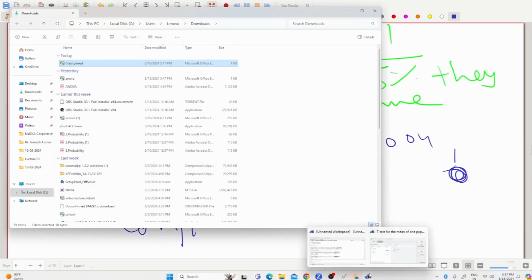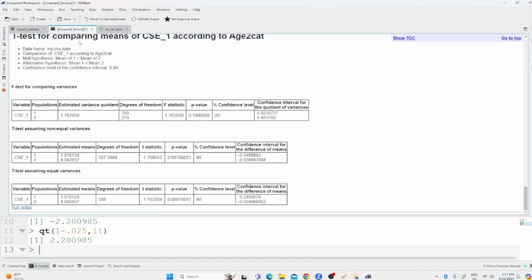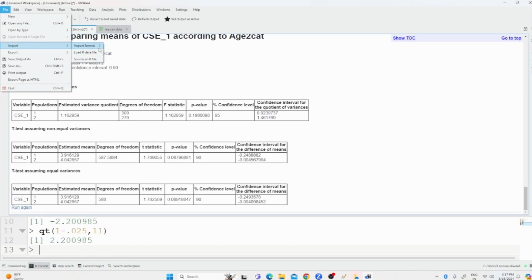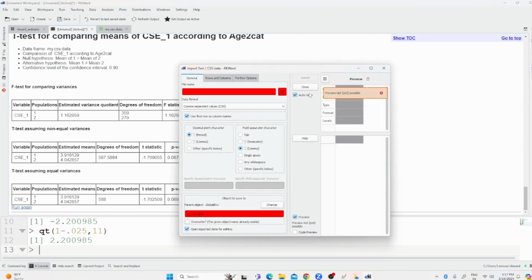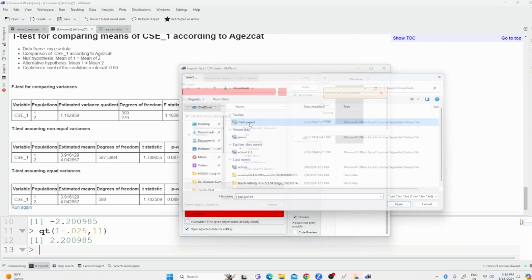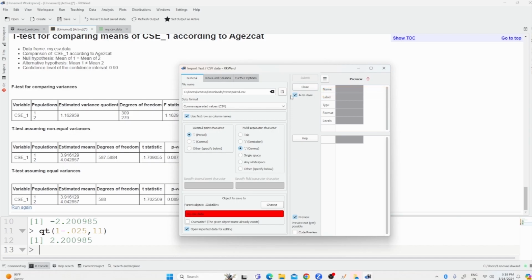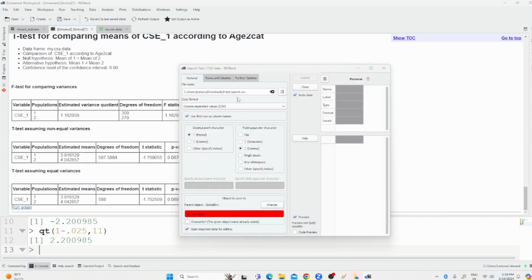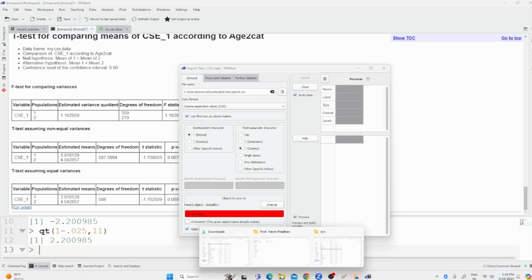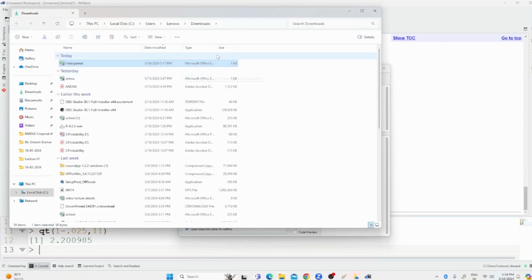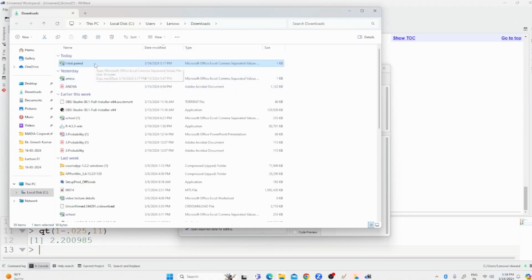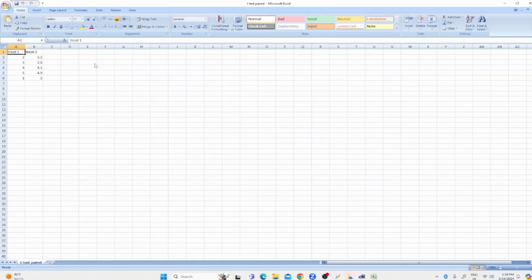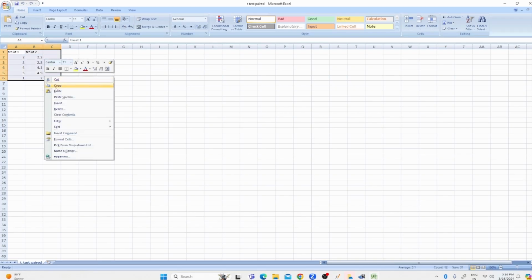Let us cancel this out. We will import the data from this, okay. And now, this is where we have to go, t-test paired data. Again, please see, if the preview does not come, that means there is some issue with the file. Okay, let us try again. The file has some issues, no problem. We copy this file.